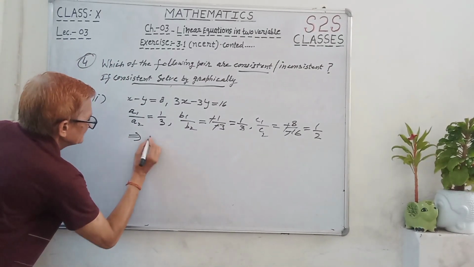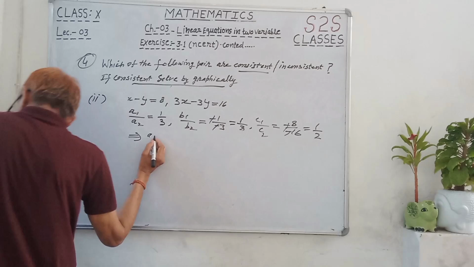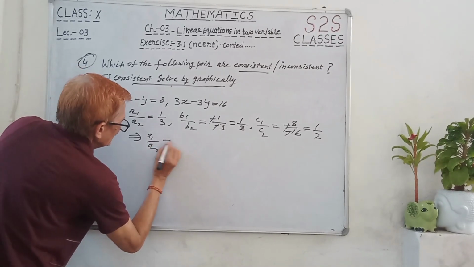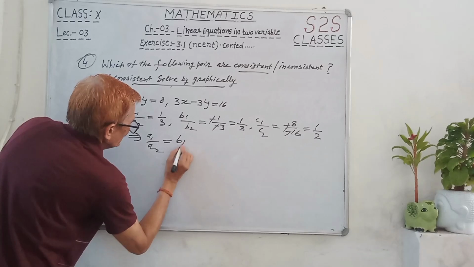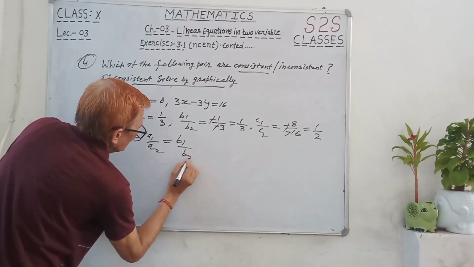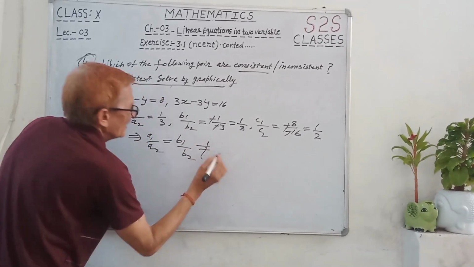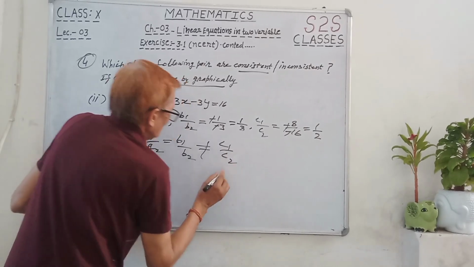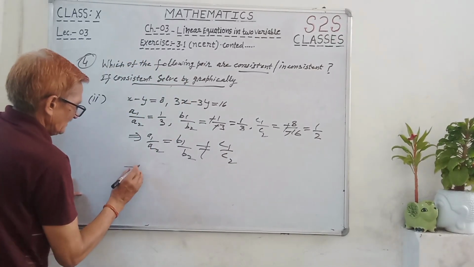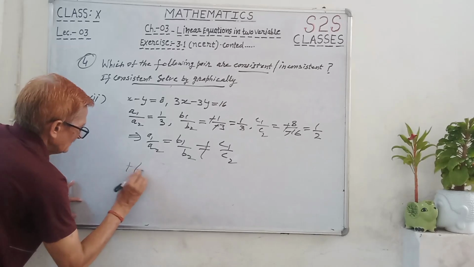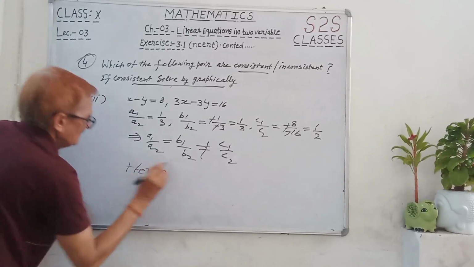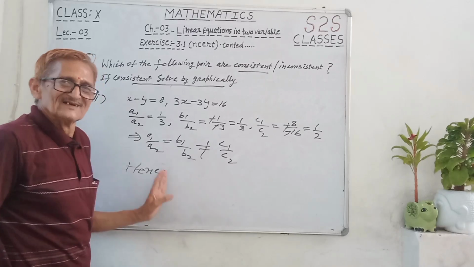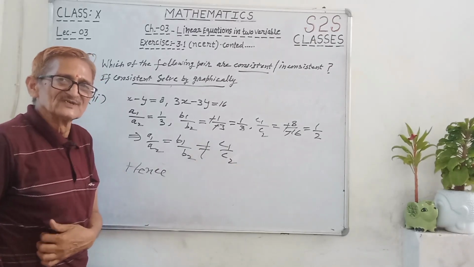So, this implies a1 upon a2 equal b1 upon b2 not equal c1 upon c2. Hence lines are parallel. First two equal, c1 upon c2 not equal.